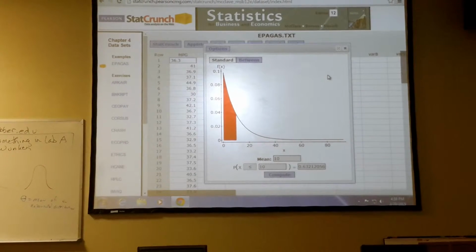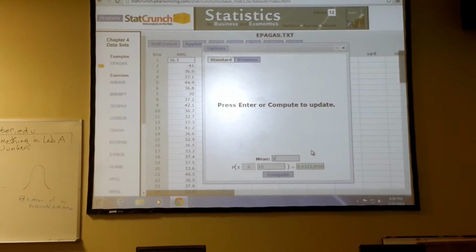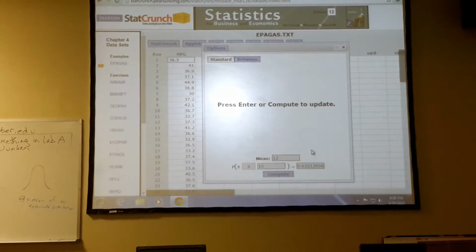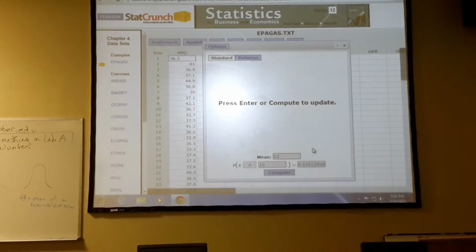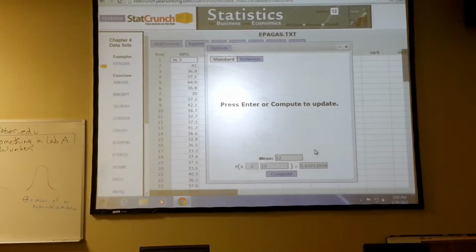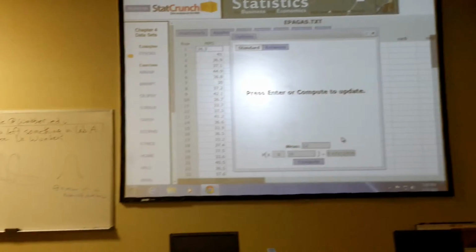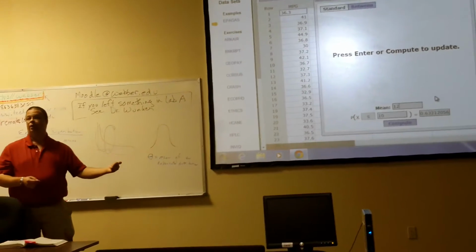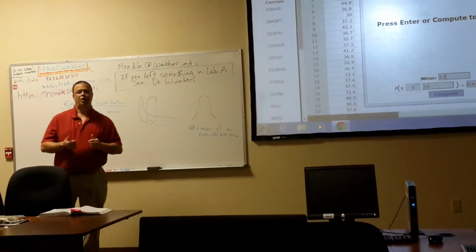Let's say that the average amount of time is 12 minutes for somebody to get through that checkpoint. Now, one of the things that we have learned with respect to a normal distribution is that if the average is 12 minutes, then half of the values are going to be below that, and half of the values are going to be above that.